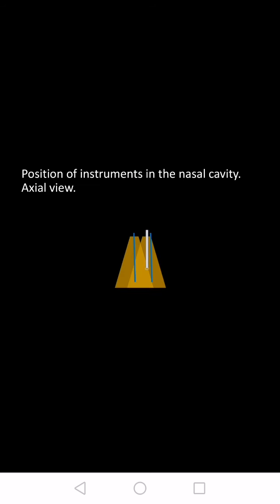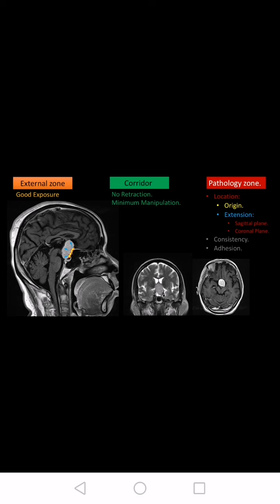This is how the compartments are shown in the coronal and axial views. The pathology needs to be studied very well in imaging, all kinds of imaging. Typically we ask for CT, CTA, or CT sinus, as well as MRI.